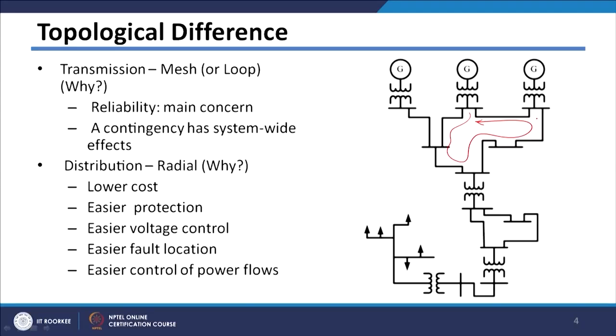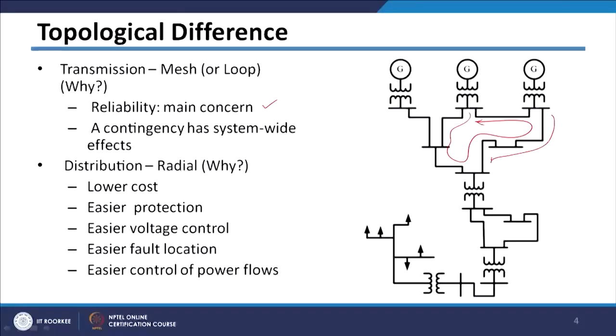This is basically done to increase the reliability of the system, because as we know, all these generators are dispersed over wide distances, and whenever there are contingencies, like a few lines or a few generators going out of the system, there is a possibility that the system will become unbalanced.